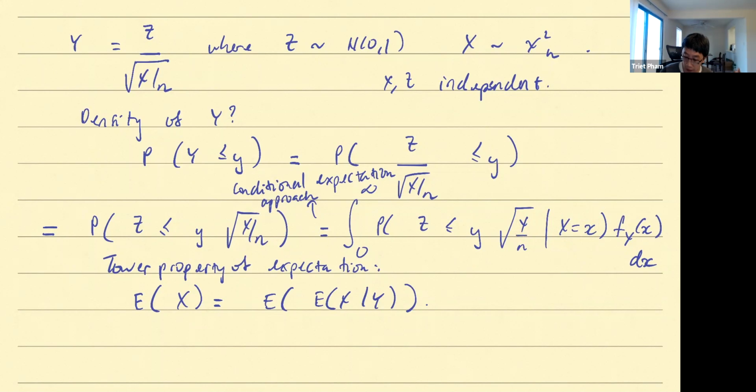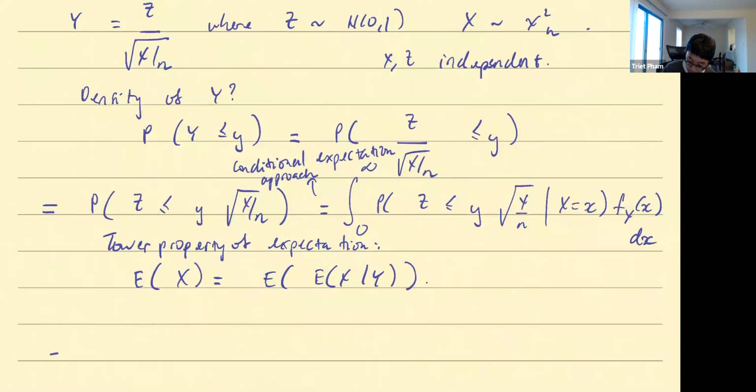But more importantly, because X and Z are independent, conditioning on X after you replace this with little x is like no conditioning, because Z and X are independent. So what that means is this will split for me like this.